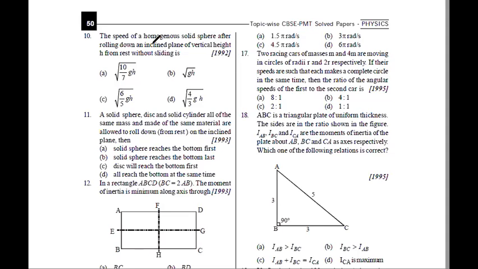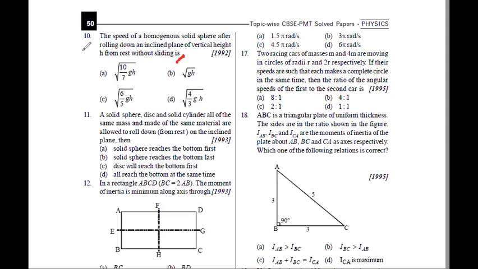Tenth, the speed of a homogeneous solid sphere after rolling down an inclined plane of vertical height h from rest without sliding is, tell me. This is the same concept now, work energy, right? This is the same concept that we used in the previous question.